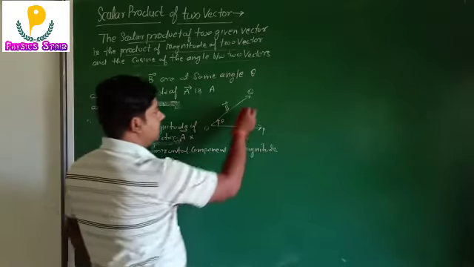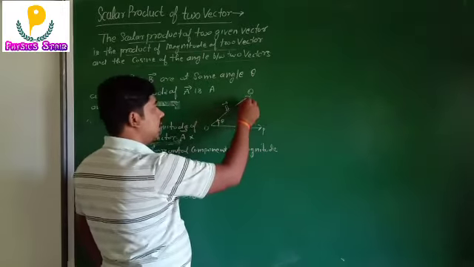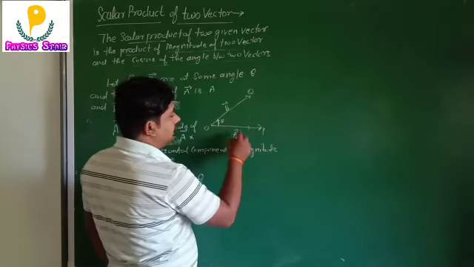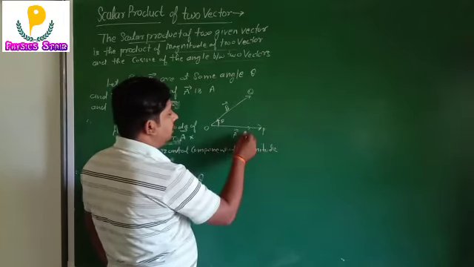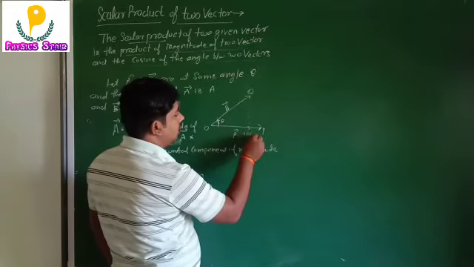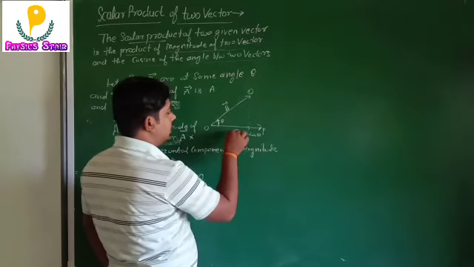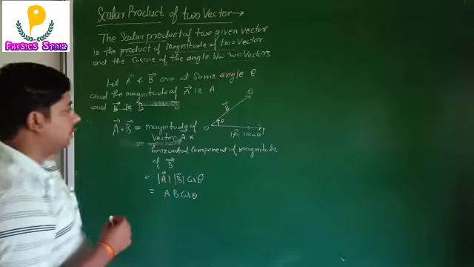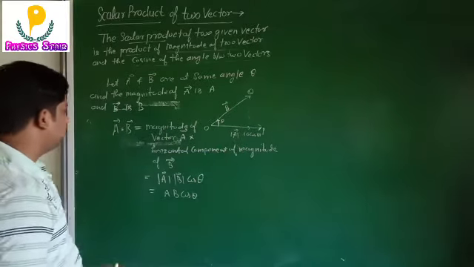Okay, this B cos theta we have written on this. This is vector B, and the magnitude of the vector B in the direction of OP is B cos theta. Okay, this is magnitude of vector A. So A B cos theta.